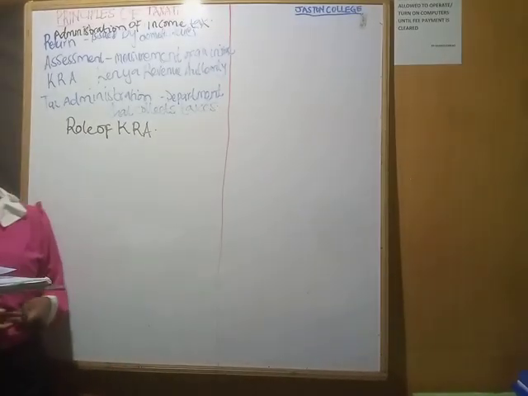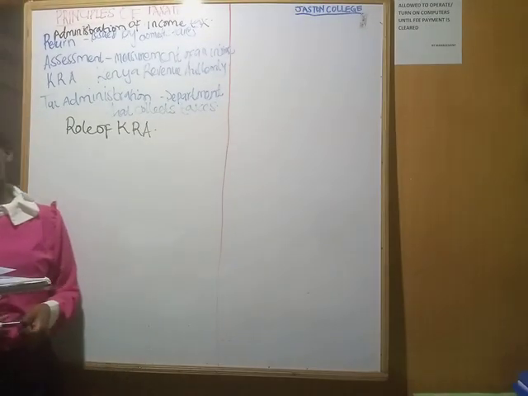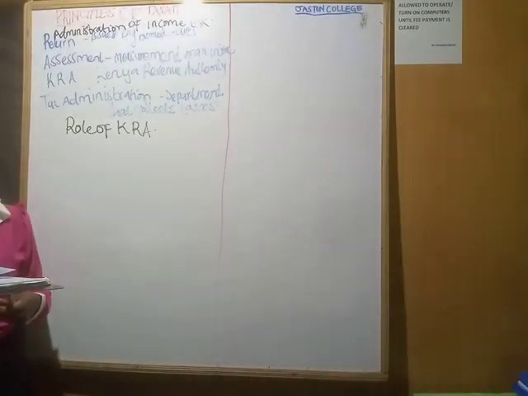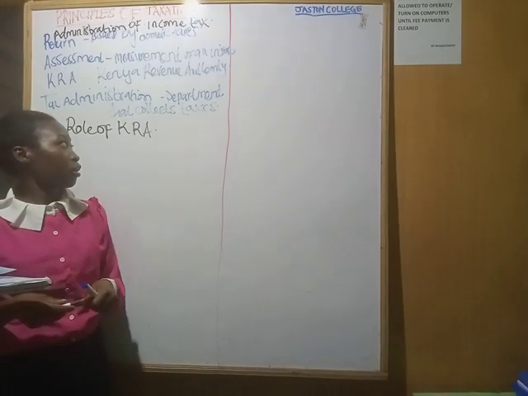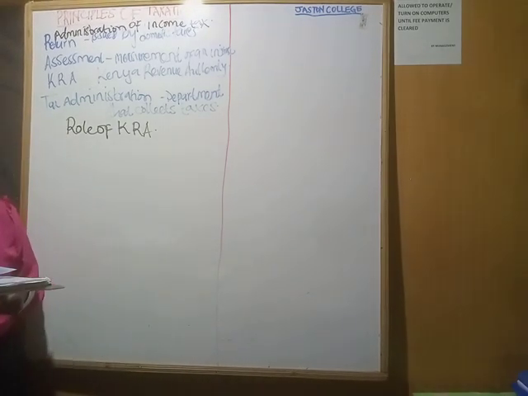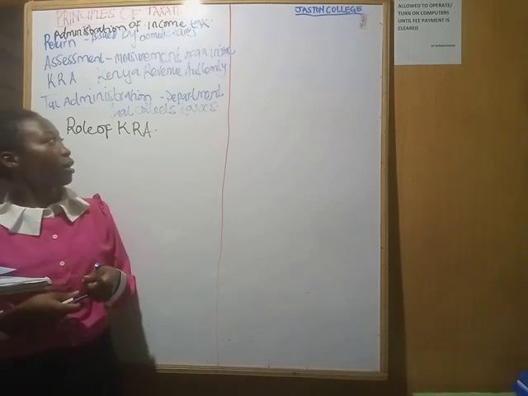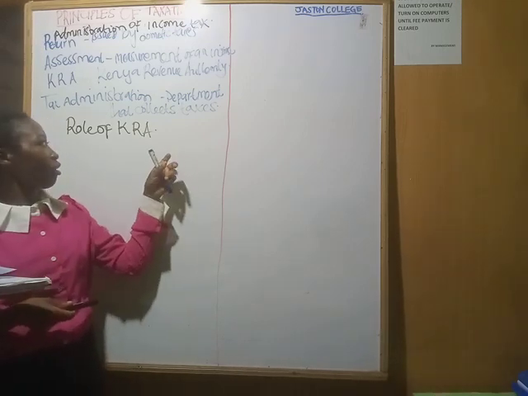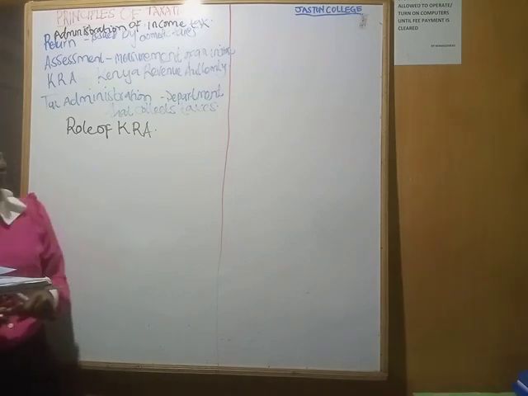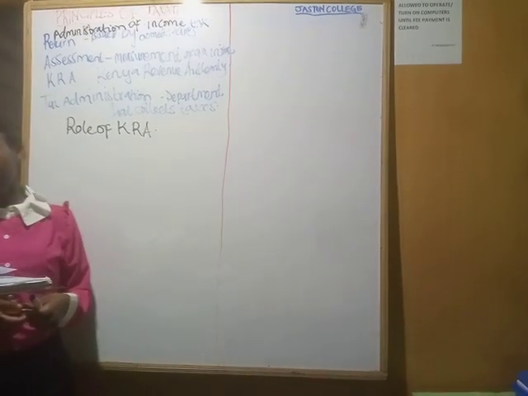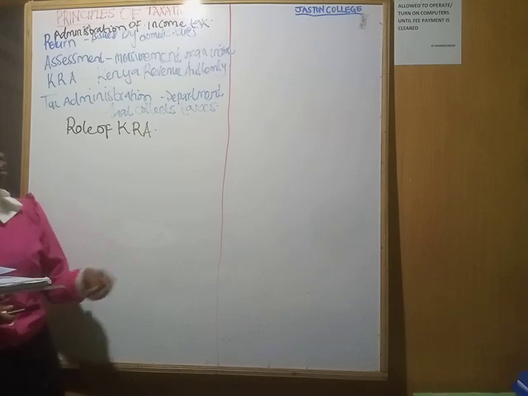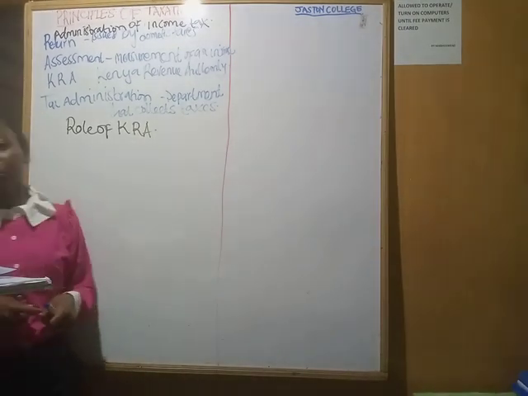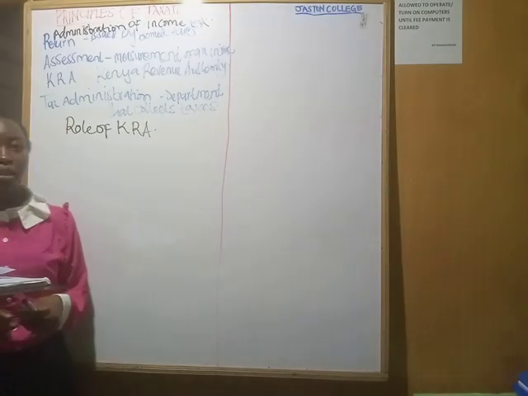Point number 5, the KRA also promotes professionalism and eradication of corruption. We find in most cases that corruption has been part and parcel of the organization, whereby the KRA comes in and prevents the corruption from continuing, especially from the KRA employees.